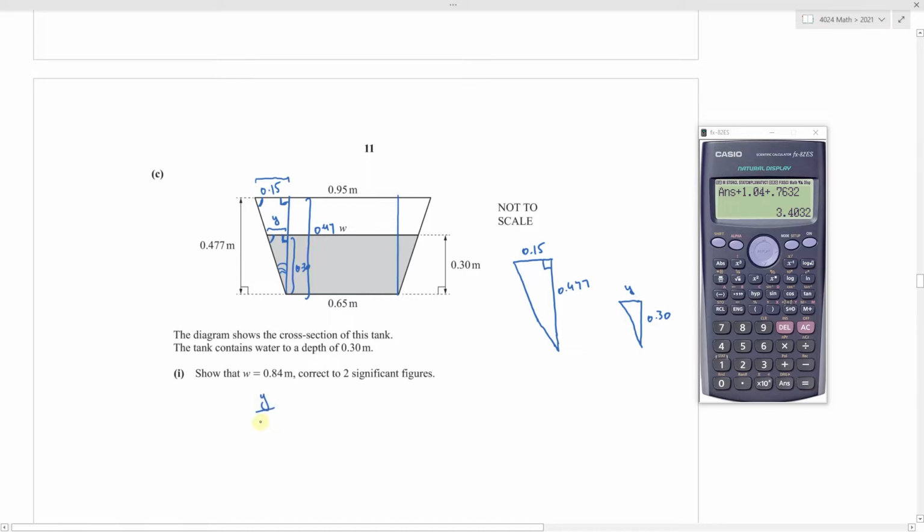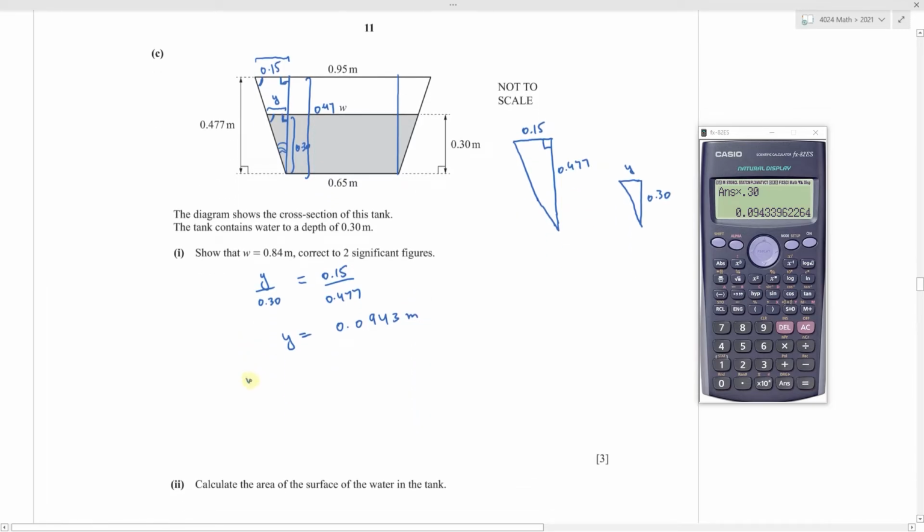So y over 0.30 will equal 0.15 over 0.477. So y will be 0.15 divided by 0.477 multiplied by 0.30. So this is 0.0943 meters.